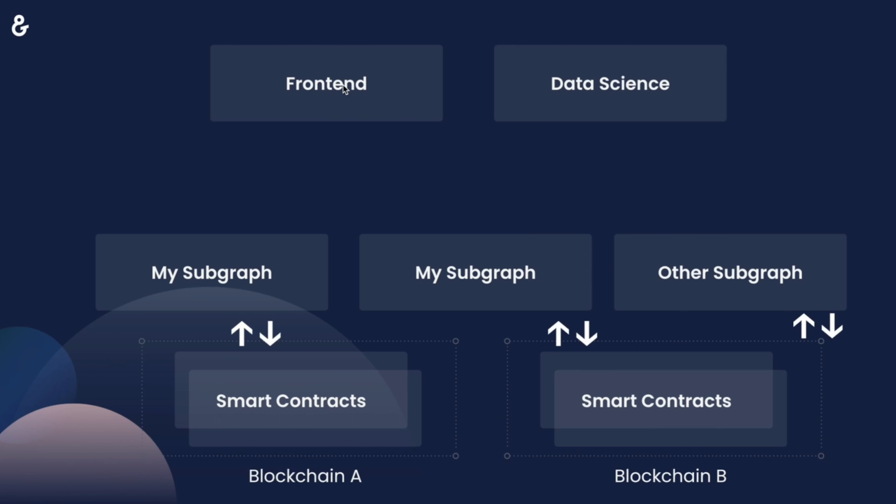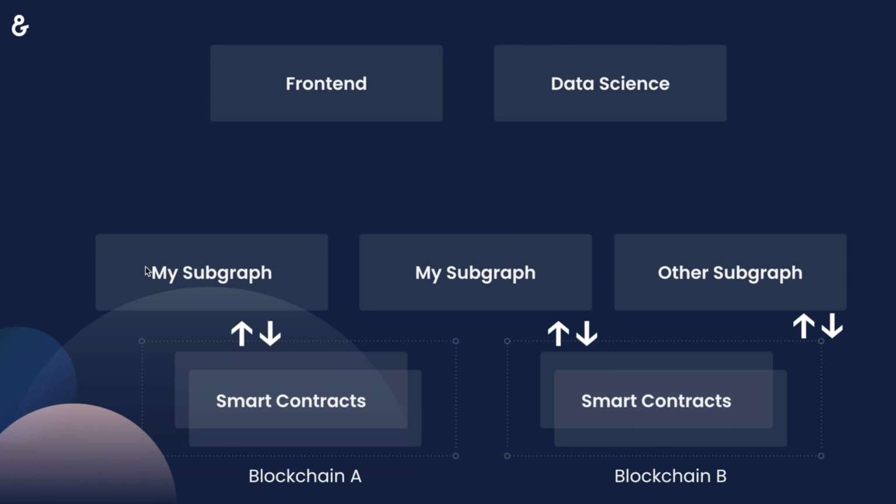Initially it was only about front end, but we see more and more other data requirements: data scientists who want to get the data and have some insights, some intel, maybe feed some trading bots, some oracles that get data from The Graph. So it's not only about front end, it's really different data approaches.